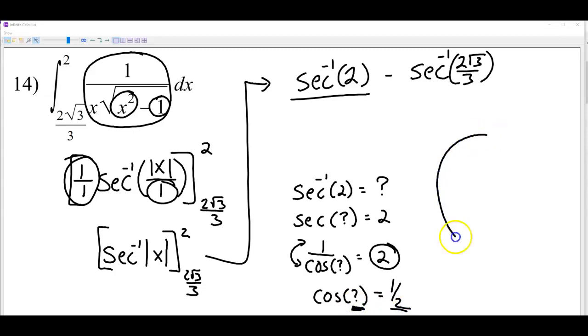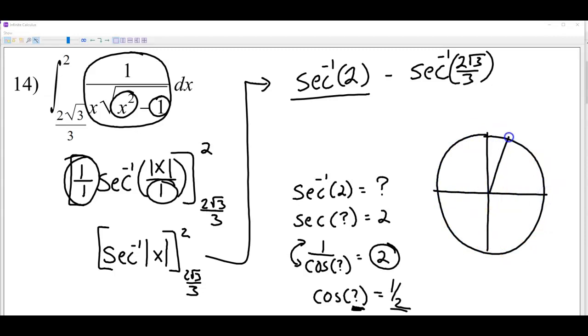So I'm going to look at my unit circle. Now cosine has a value of 1/2 in 2 spots. One place is here, and the other place is down here. Now we have to remember that when dealing with arc functions, arcsecant is restricted only to the top half of the circle.